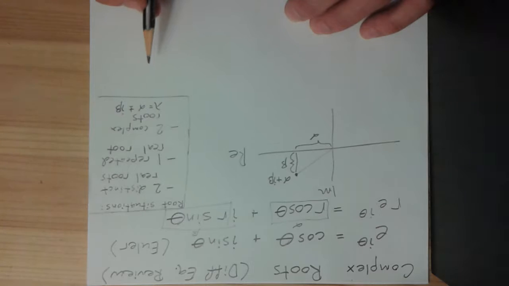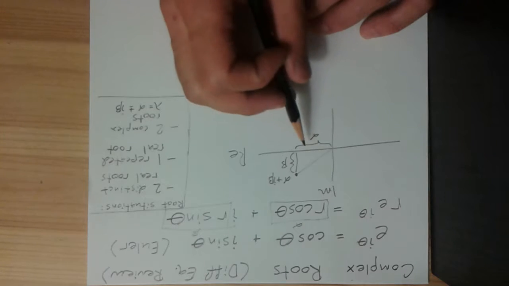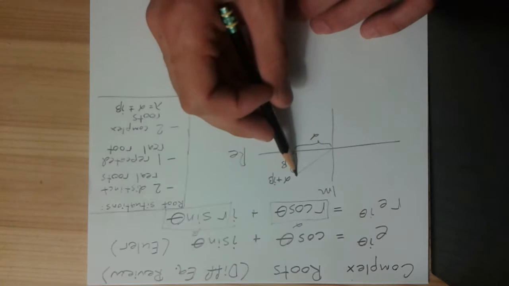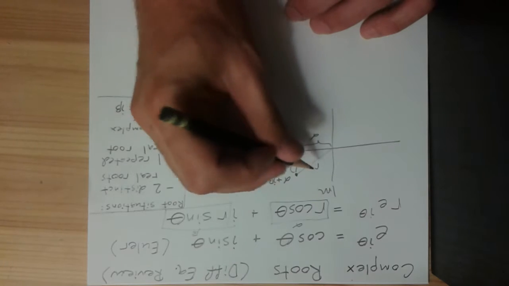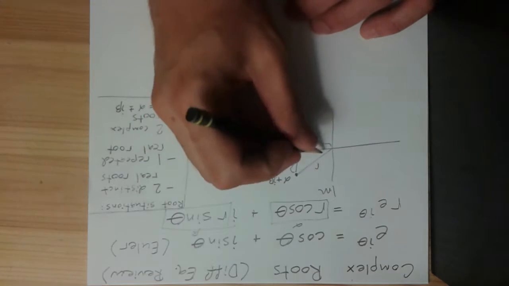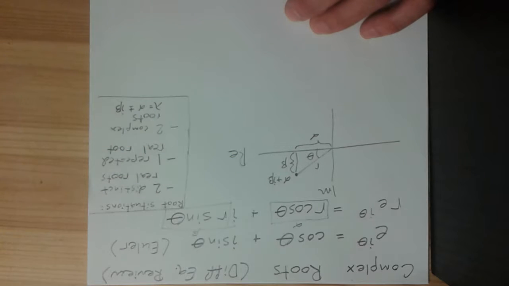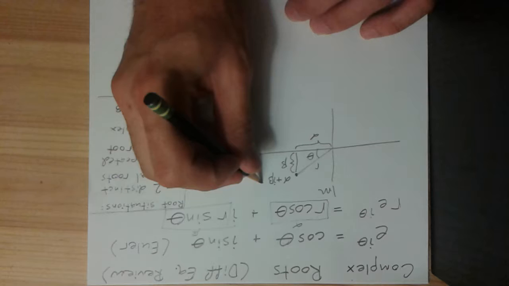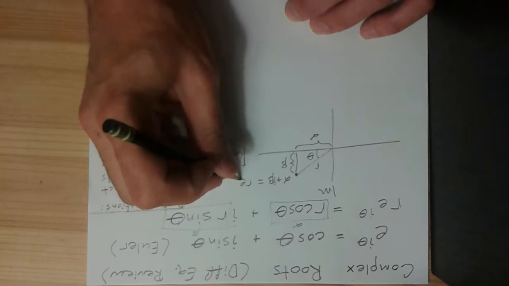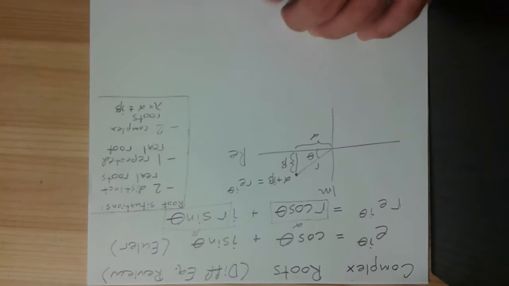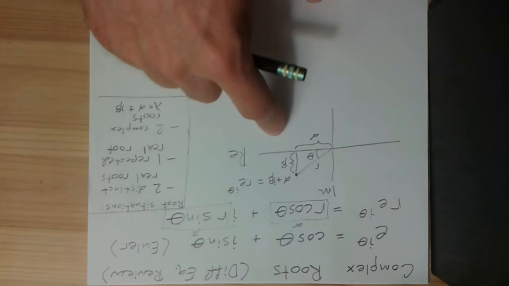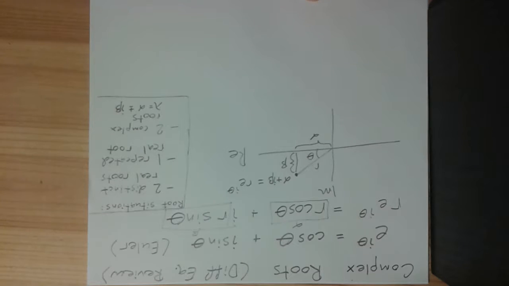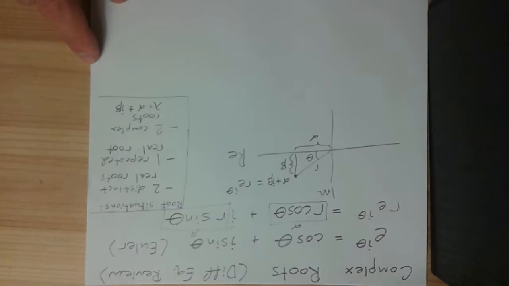Euler's formula tells us that if you want to see this in another form, you can look at the radius here, r, and this angle theta, and this tells you that alpha plus i beta is equal to r e to the i theta. Again, this is not a reason why Euler's formula works. That's a different thing. I'm assuming you already know why Euler's formula works.